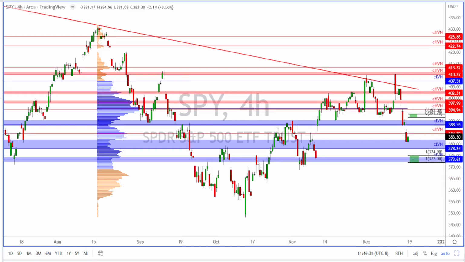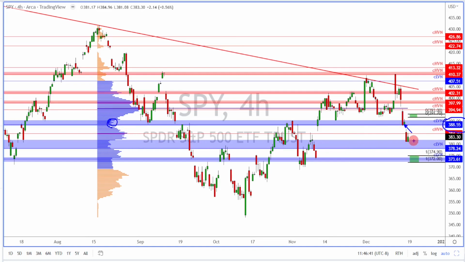And here are some of the levels that I'll be keeping an eye on for the bounce to get back into this balance area. I'll be looking at this 388.55. That is this edge here of this low volume zone.